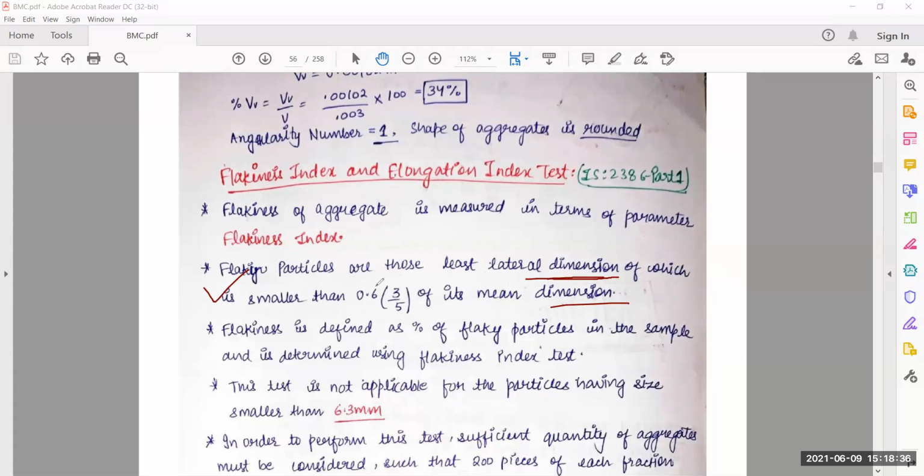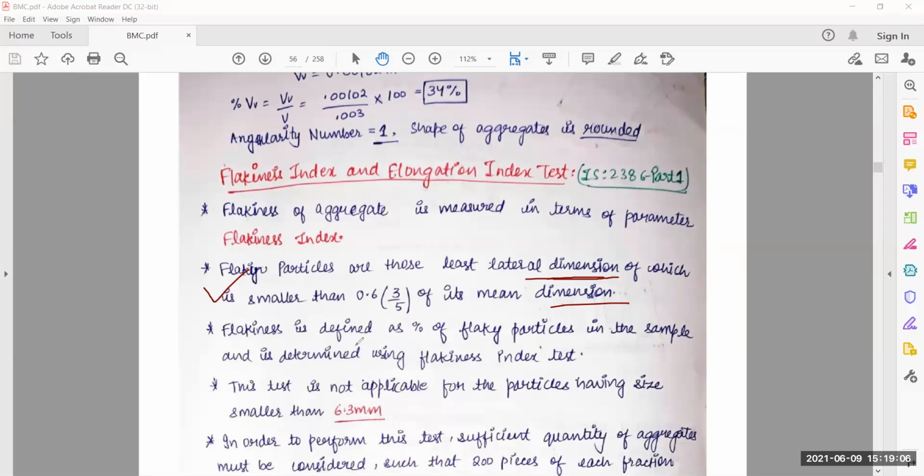Least lateral dimension may be where length is minimum, or where width is less, or where thickness is less, so do not find any problem identifying your least lateral dimension. Just remember this: flaky particles are those whose least lateral dimension is smaller than 0.6 of its mean dimension.